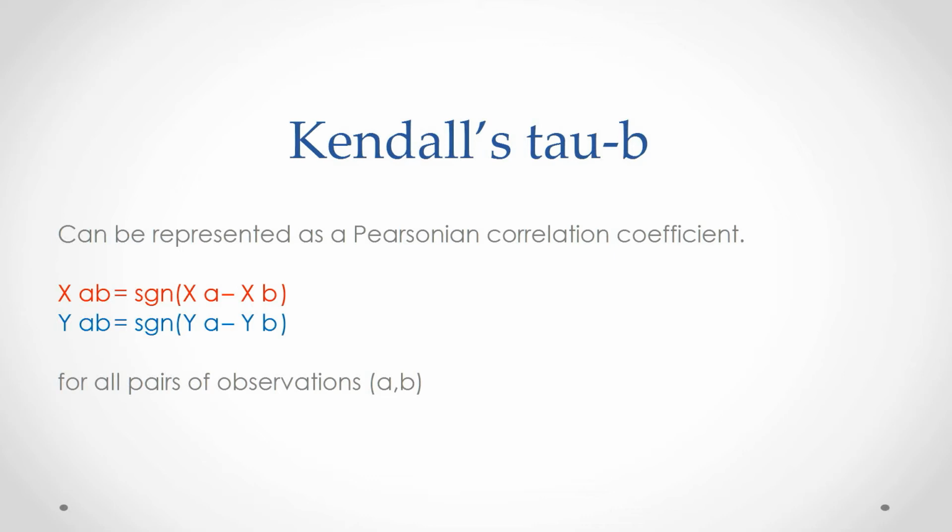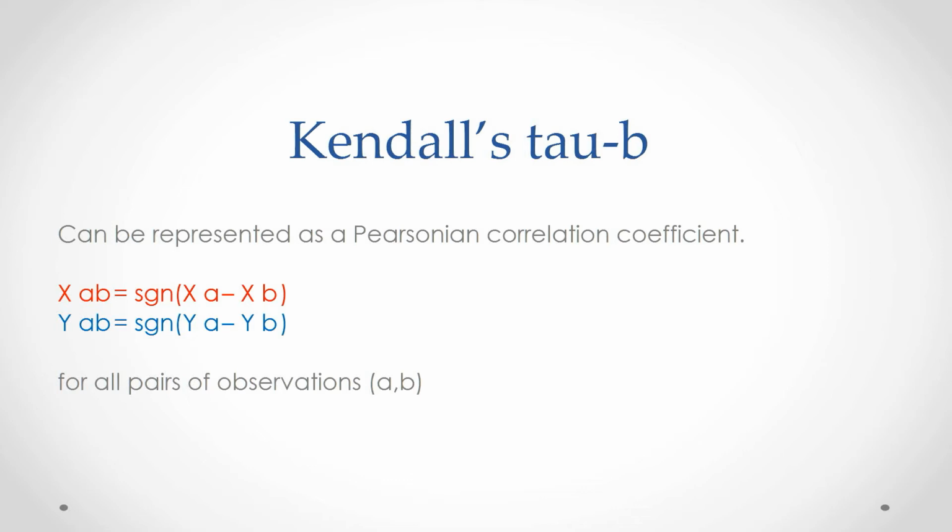We calculate the value of XAB and YAB for all pairs AB. Now, if we look at the n into n minus 1 ordered pairs of observations AB, assuming that A is not equal to B, it is possible to show that the summation of XAB YAB over A not equal to B is twice C minus D, where C denotes the number of concordances and D denotes the number of discordances.